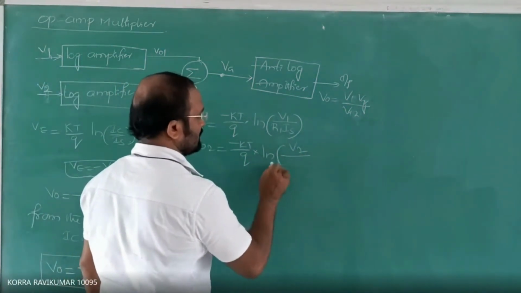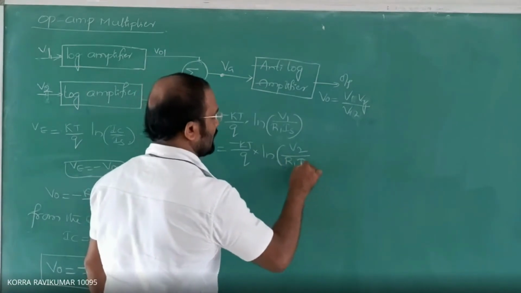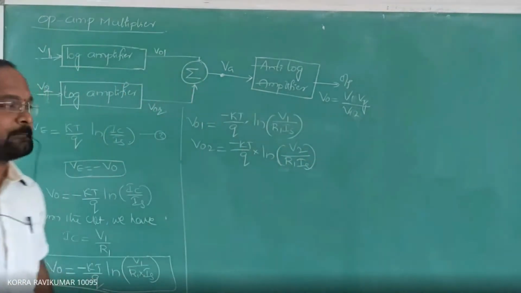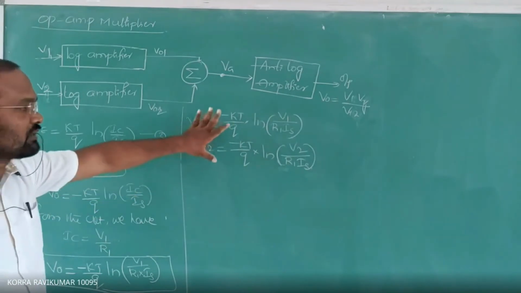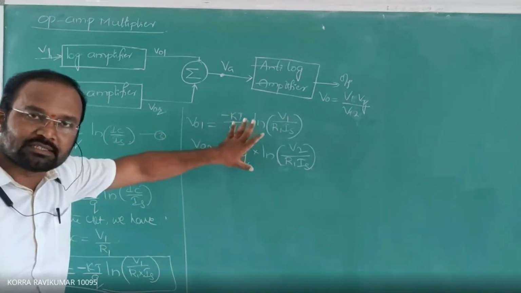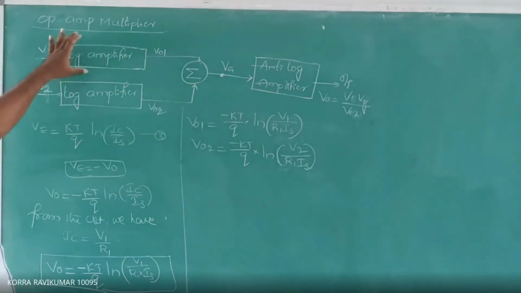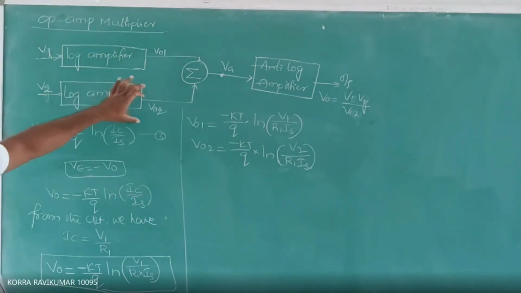So VO1 and VO2 are the output voltages produced by the first and second log amplifiers.